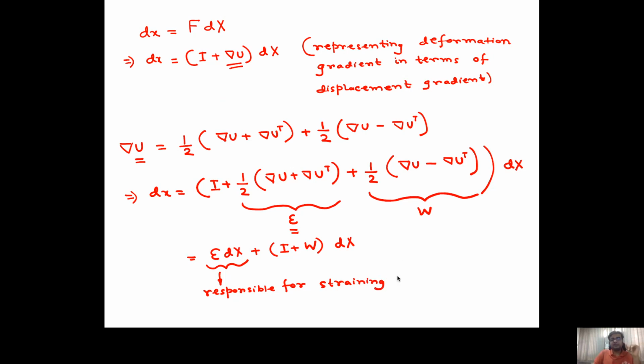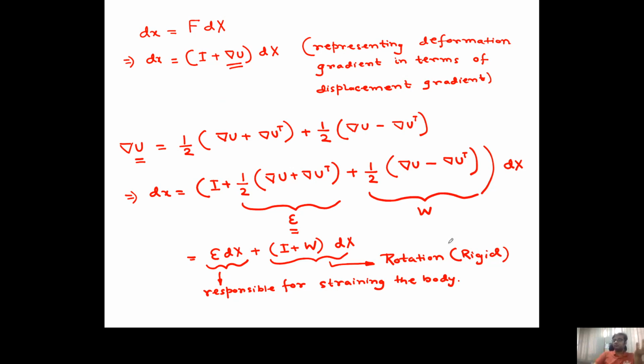When I say straining, I refer to all three types of strain: longitudinal strain, volumetric strain, and shear strain. So this epsilon tensor is responsible for everything. Then we have this other part, and this results in rotation, and it is rigid rotation. This part is responsible for rigid rotation of the body.